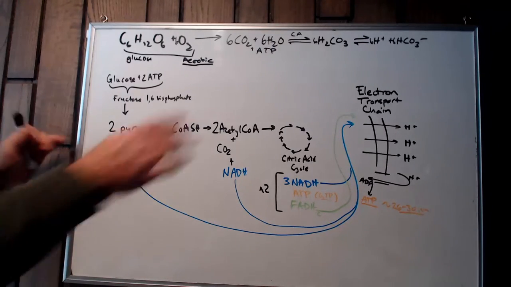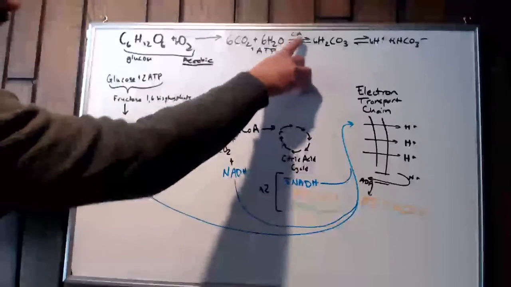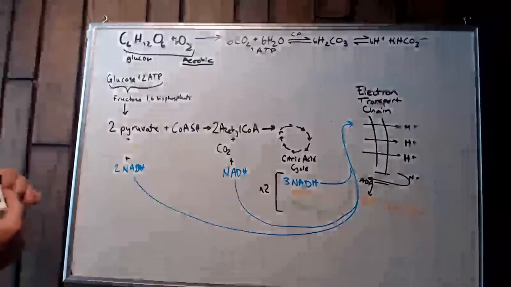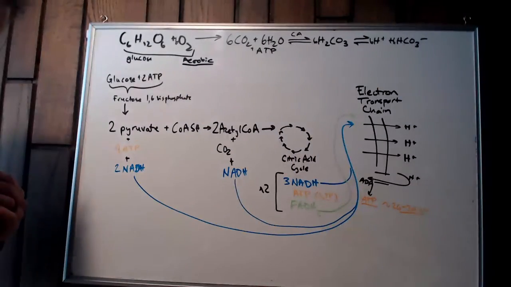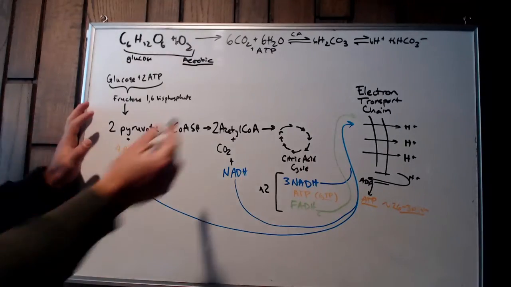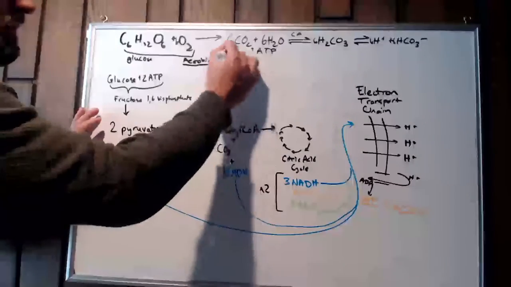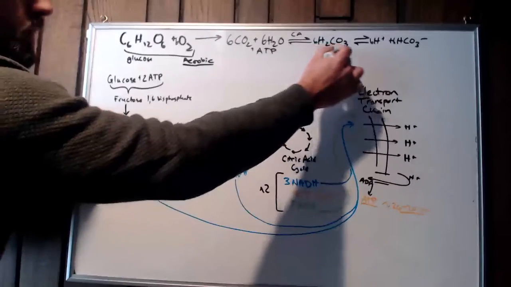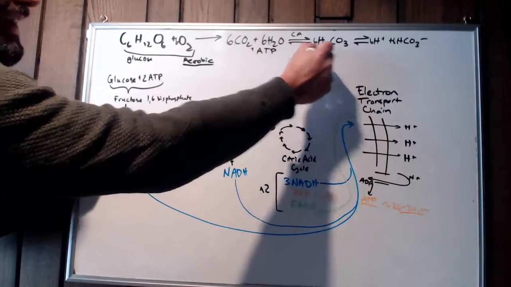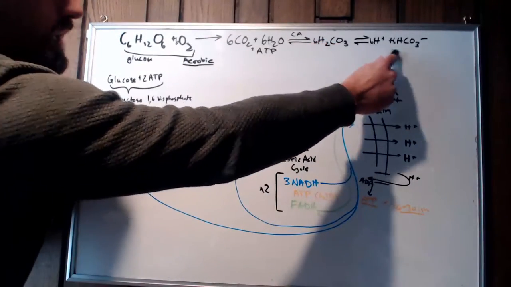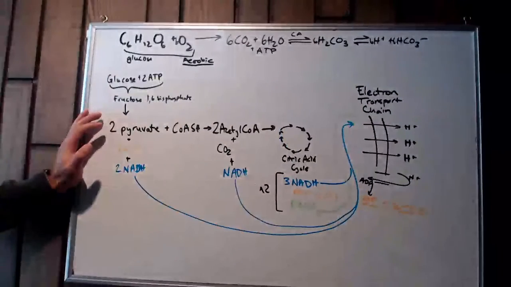One other thing to remember throughout this process is that carbonic anhydrase is the enzyme that is going to catalyze CO2 plus H2O into H2CO3, or carbonic acid, which will dissociate into an H+ and an HCO3-.